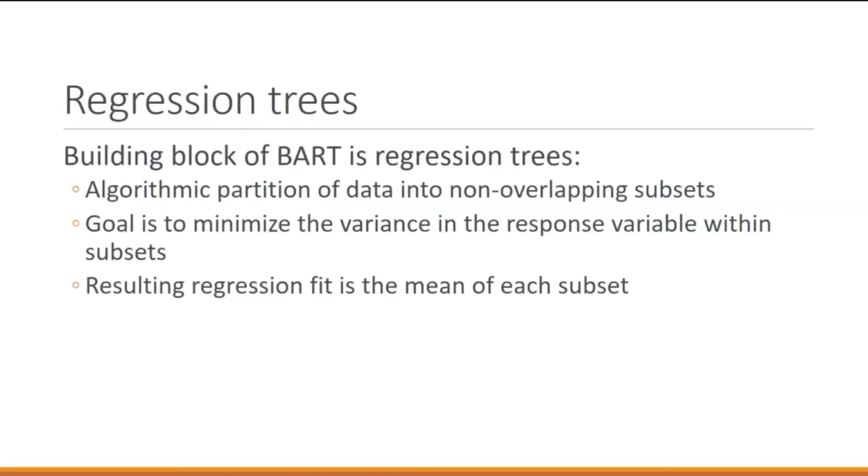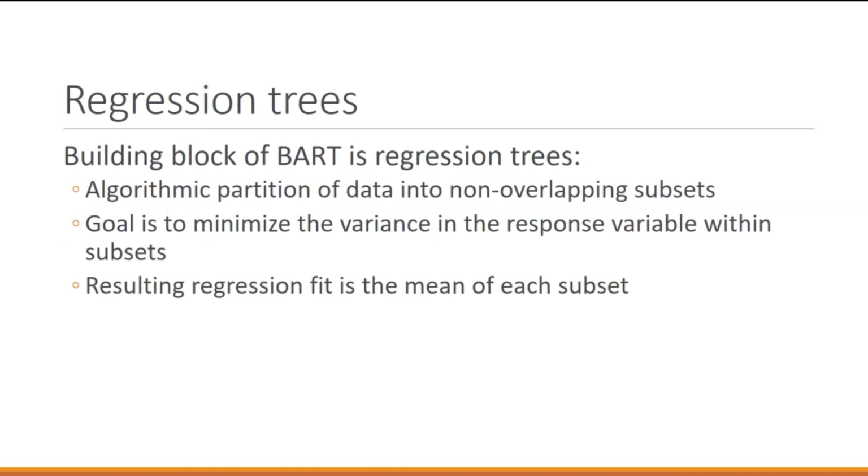So the building block of BART is regression trees, and the basic idea for a regression tree is that it's an algorithmic partitioning of the observed data into non-overlapping subsets with the goal to minimize the variance in our response within the subset.